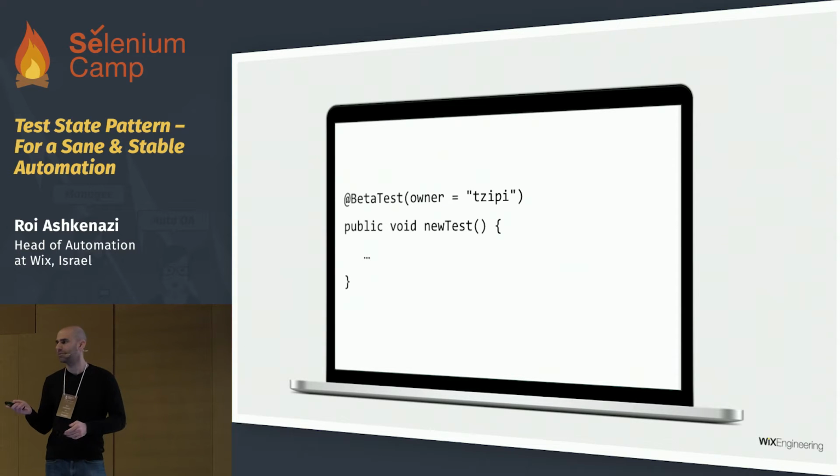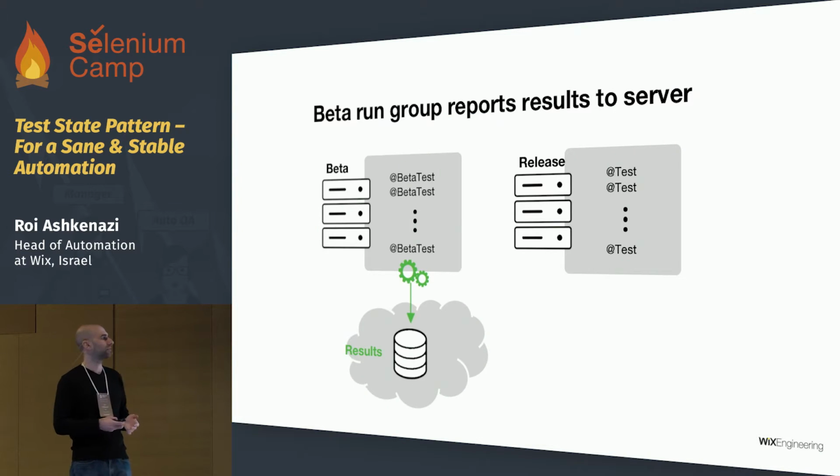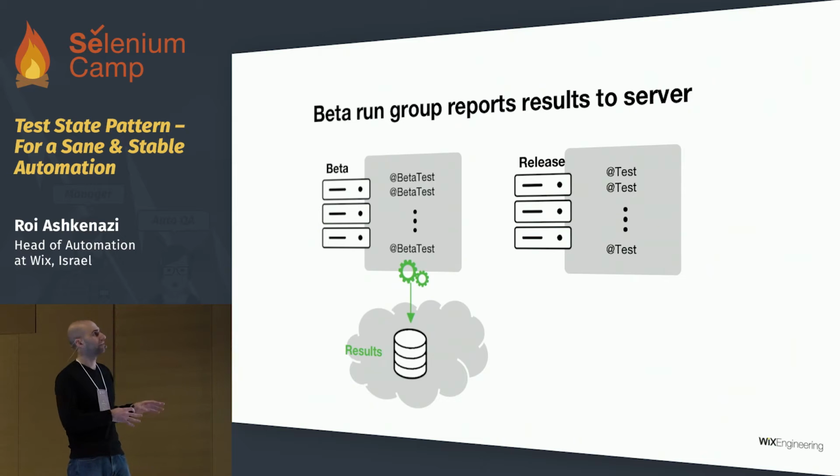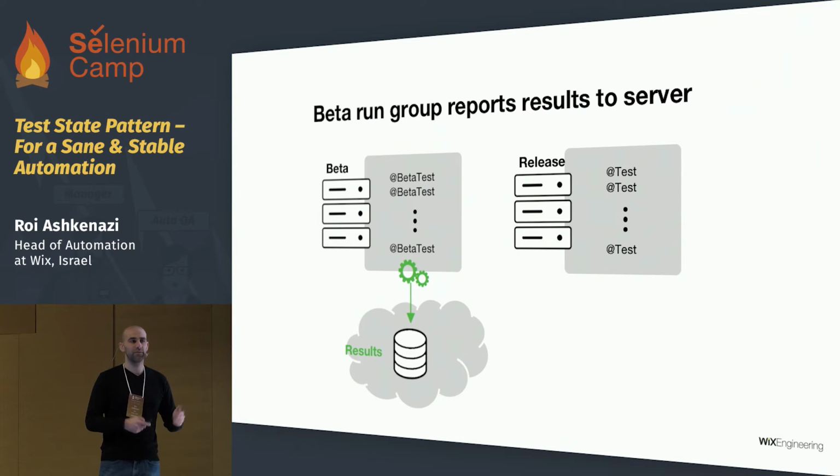But now we need to do something with those tests, and we decided to run them in a different group, to run overnight a lot of times. And in every run, the test reports its result to some dedicated server.